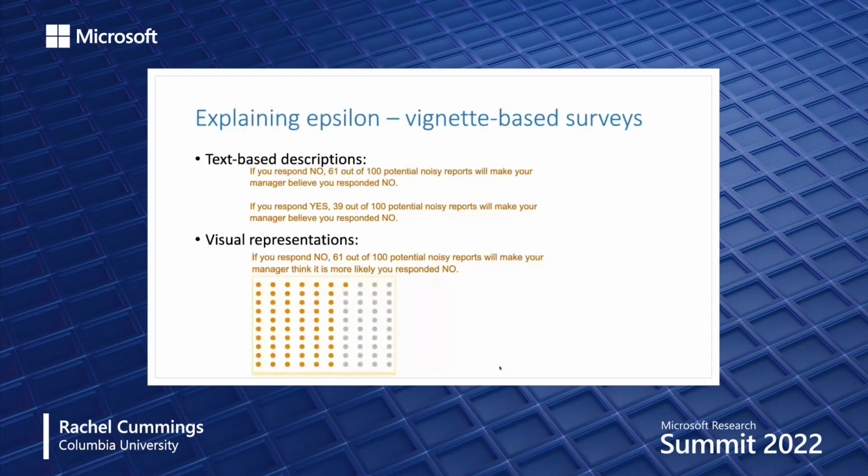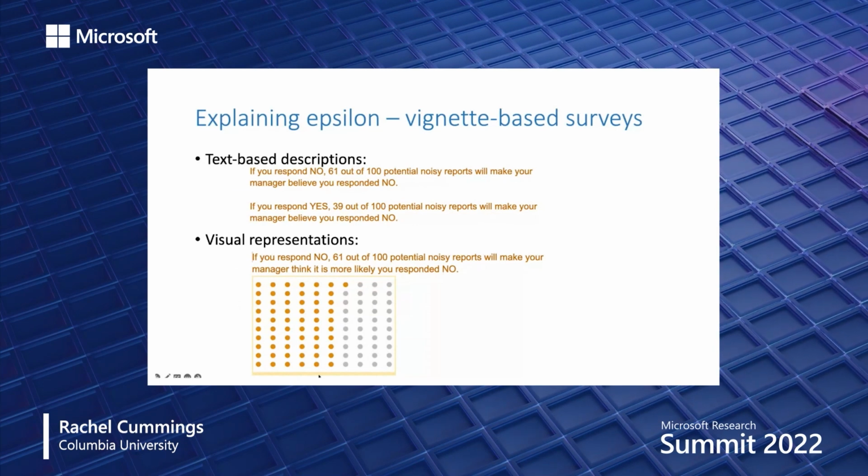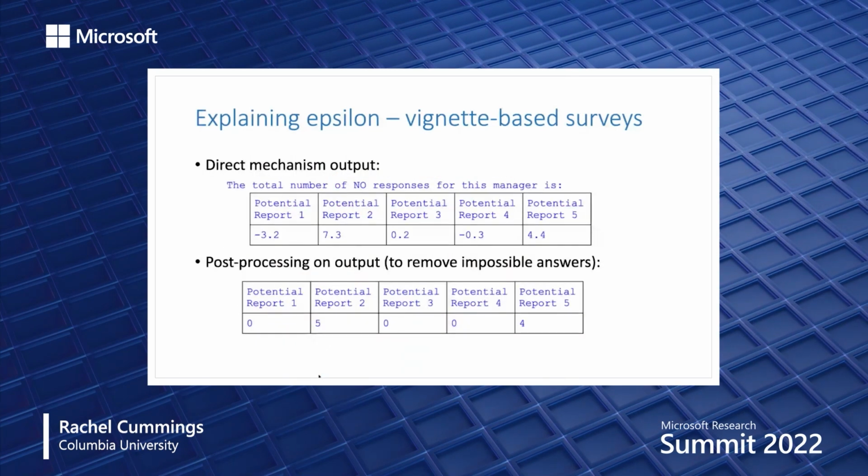In this case, we're thinking of doing text-based descriptions, talking about, based on your data, how likely is it for a certain embarrassing thing to happen. Also possibly combining this with some visuals. And then also thinking about providing examples of the output.